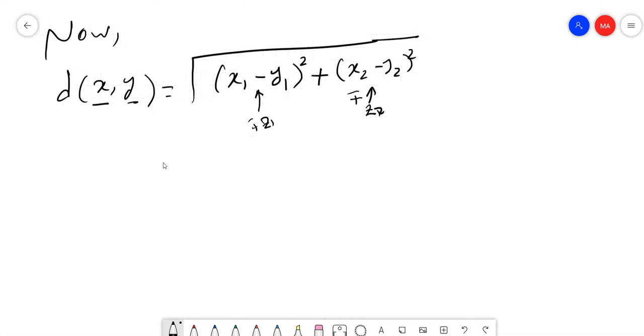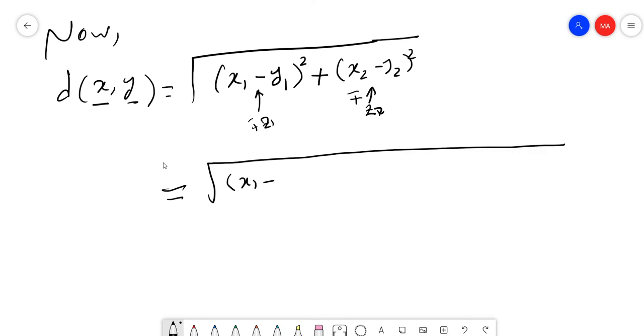So this becomes the square root of (x1 minus z1 plus z1 minus y1) squared plus (x2 minus z2 plus z2 minus y2) squared.